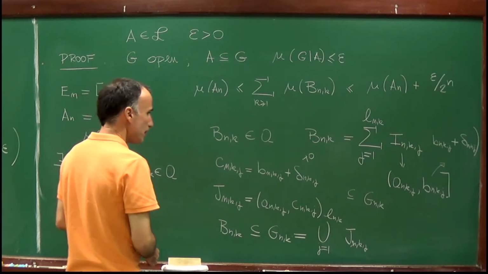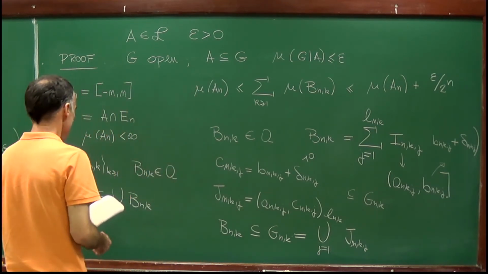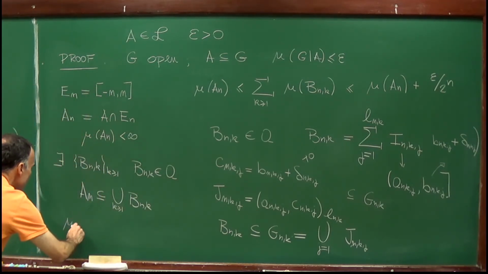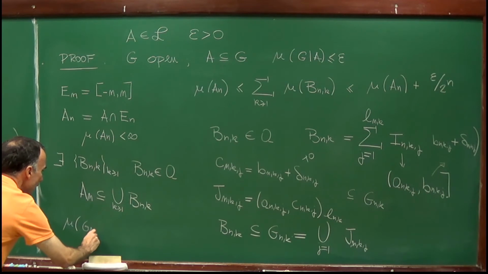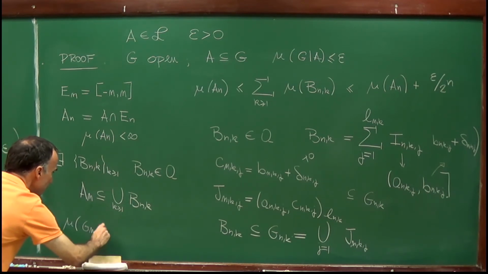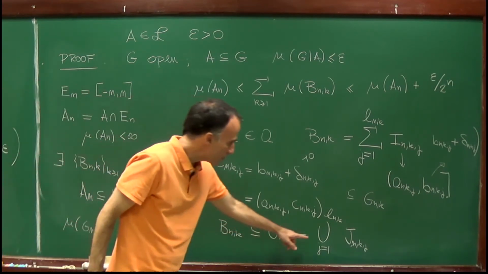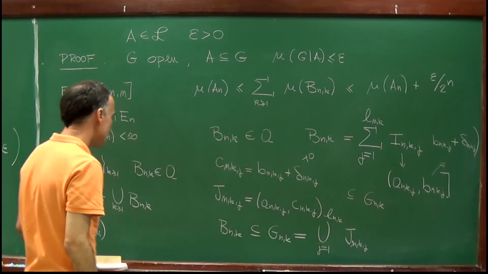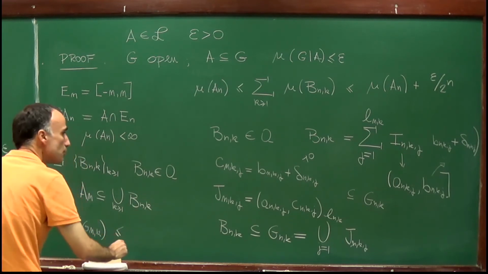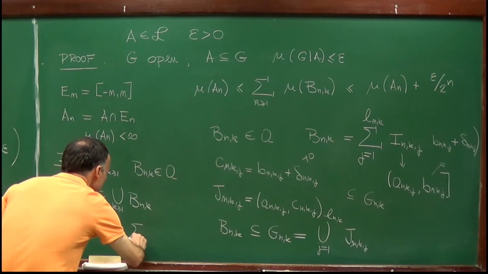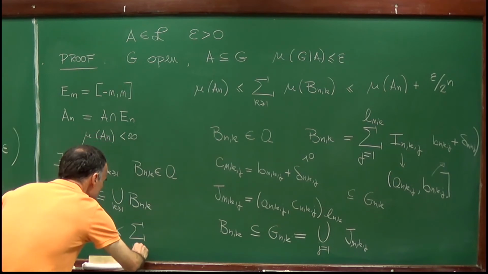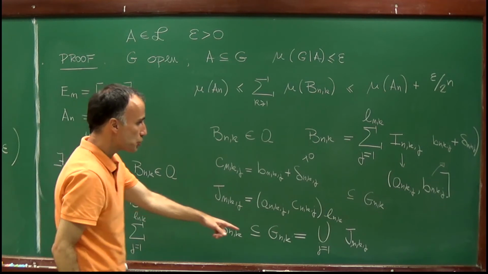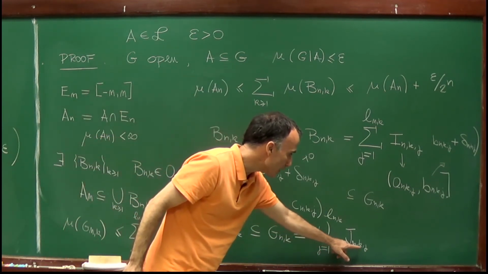So let me write it here. The measure of G_{n,k}, which is this union, by subadditivity is smaller or equal than the sum from j from 1 up to l_{n,k} of the measure of G_{n,k,j}.